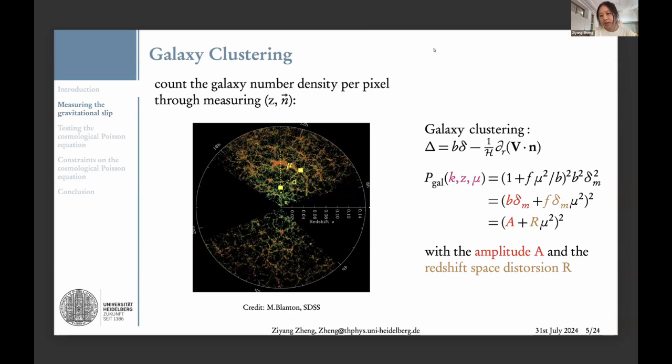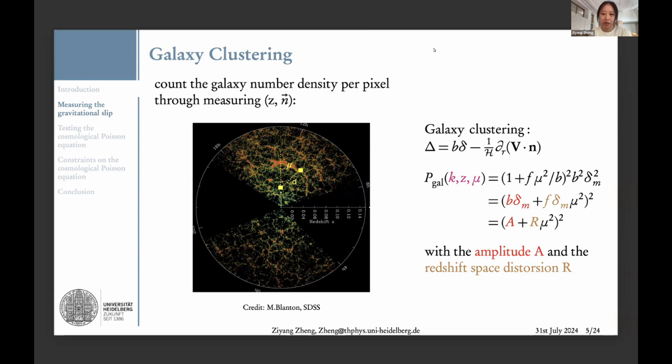The first one is a term proportional to the matter density contrast, and it's related to a b function, which is the galaxy bias, which is fully unknown. We don't even know whether it's depending on gravity or not, so we don't have any knowledge of the bias term. And the second term is redshift space distortion due to the existence of the peculiar velocity of galaxies.